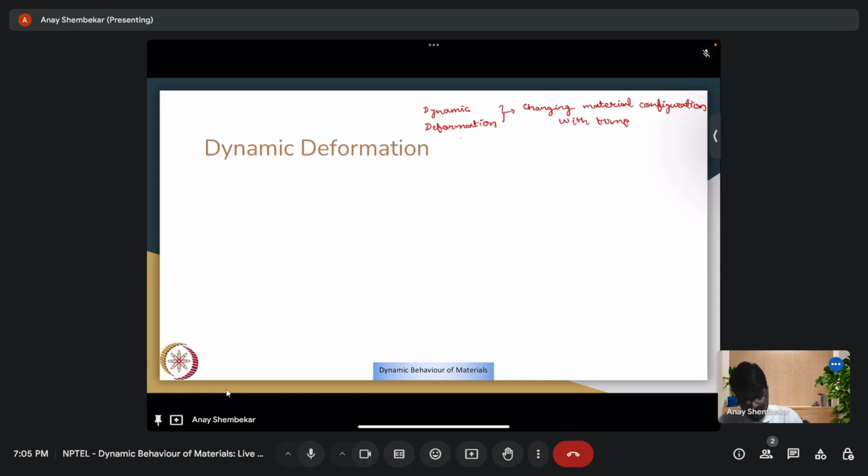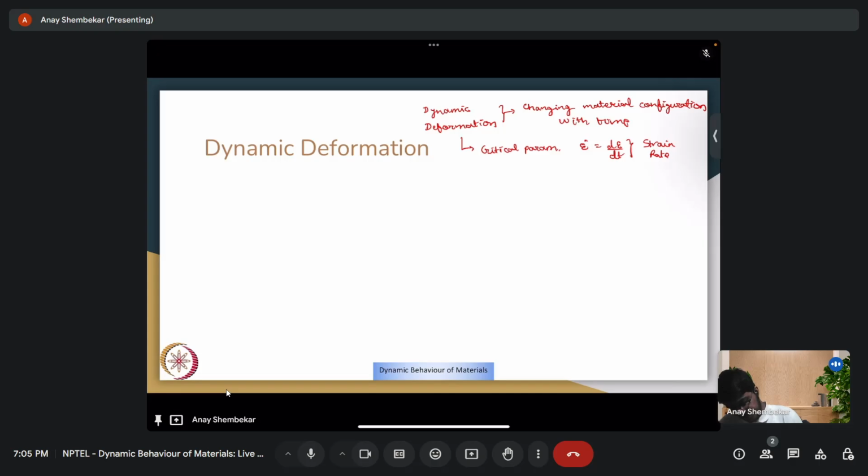How do we quantize this? The critical parameter here to judge dynamic deformation would be strain rate. This is the strain rate. So we'll go through a few examples just to get a flavor of what all is happening.